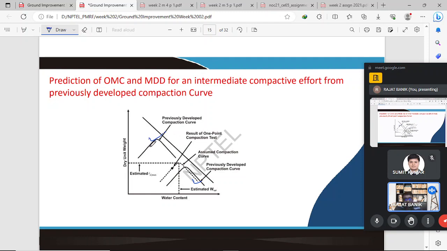One is on the higher energy side, another is on the lower side, and by drawing a parallel curve we can predict it. No need to find the other points for that type of soil for another compaction energy.